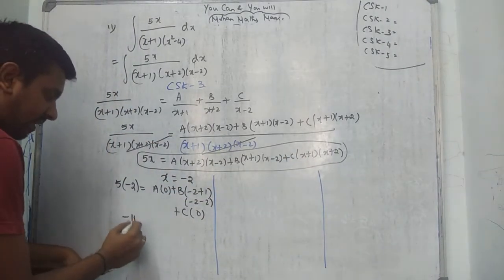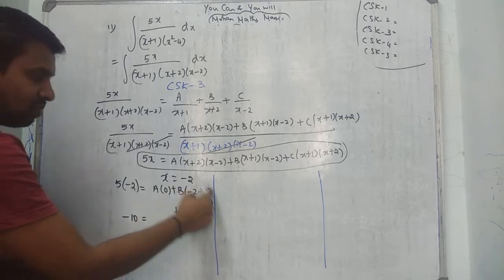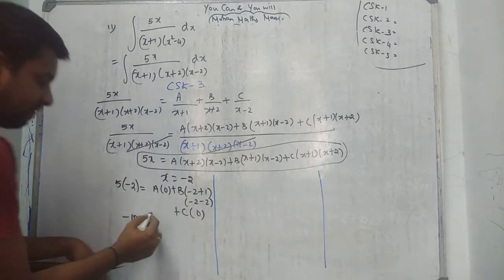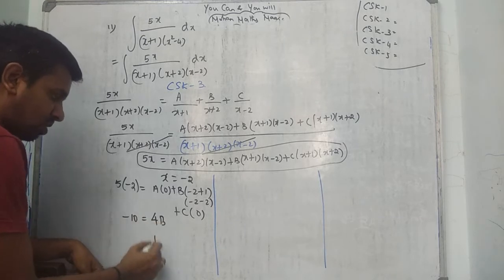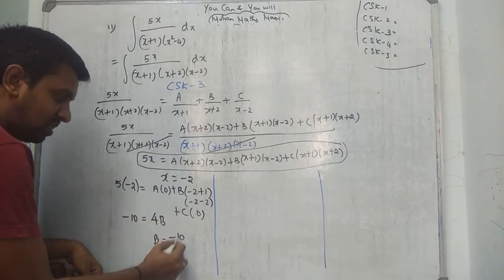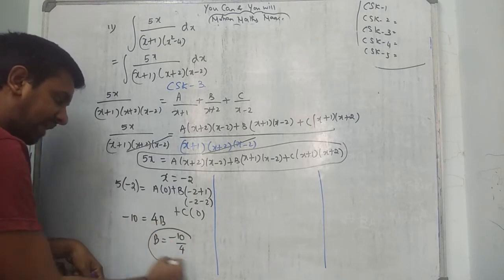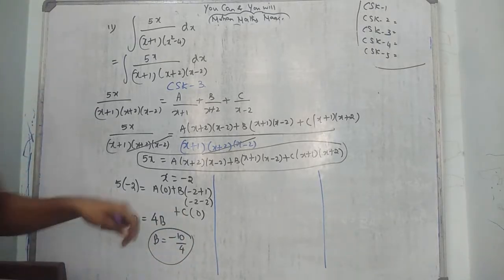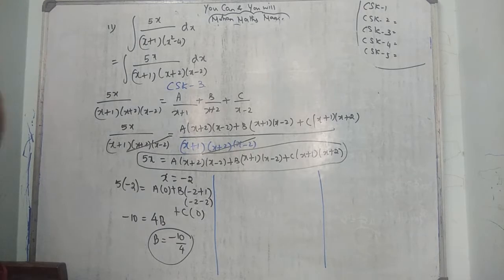So I got minus 10 equals, if I simplify this, this will become minus 1, this will become minus 4, so 4b. So the value of b is minus 10 upon 4, which simplifies to minus 5 by 2. B equals minus 5 by 2.